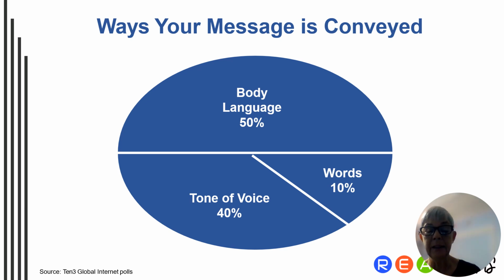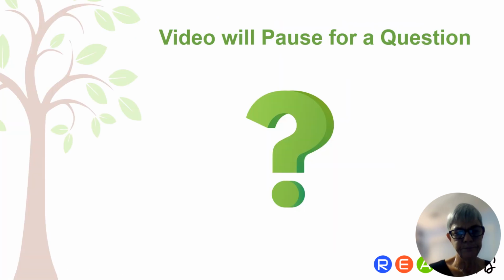And then lastly, only 10% are the actual words that you're saying. So when we're interacting with kids, and remember that correct firmly and calmly kind of goes back to this, think about your own body language, your own tone of voice when you're interacting with the kid. So just something to think about as you're having those interactions with students.